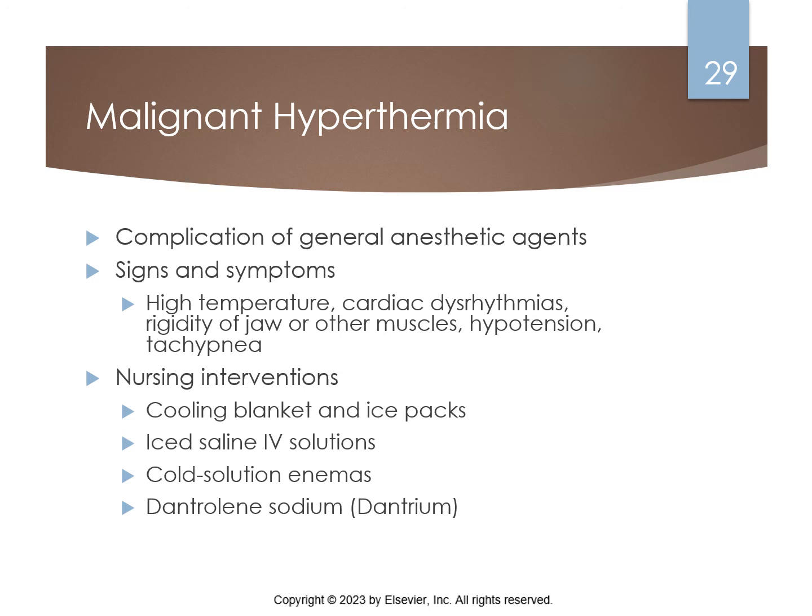Signs of MH include high temperature, cardiac dysrhythmia, rigidity of the jaw or other muscles, hypotension, tachypnea, and dark cola-colored urine. A late sign of MH is an extremely high temperature, up to 111.2 degrees Fahrenheit. Dantrolene is the drug of choice to treat this condition.